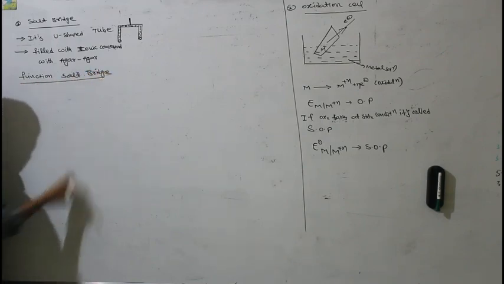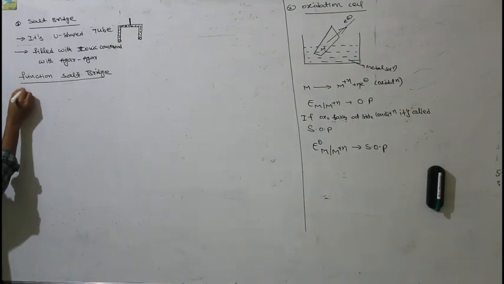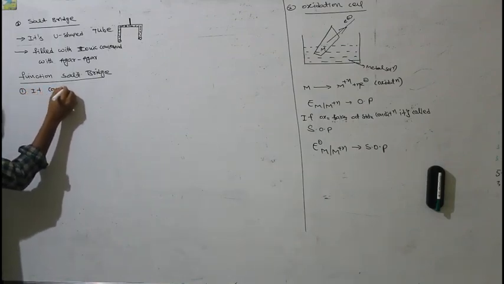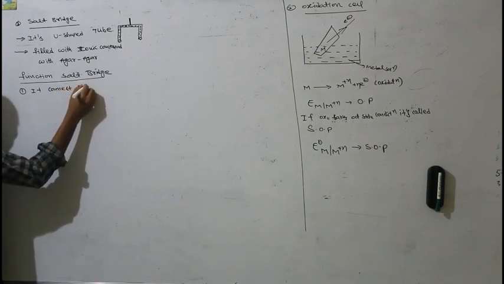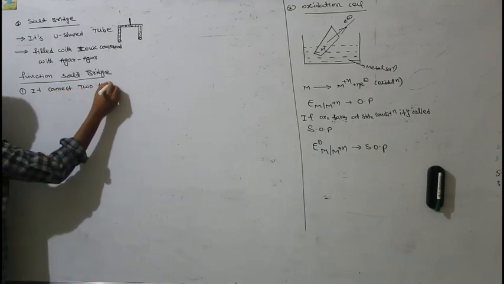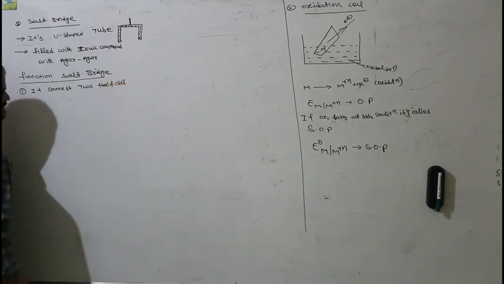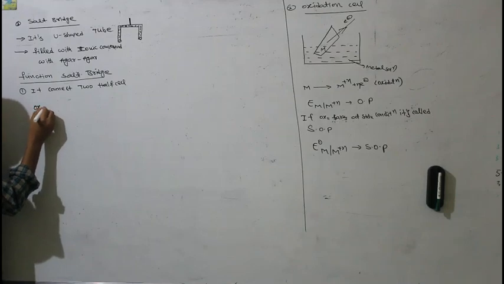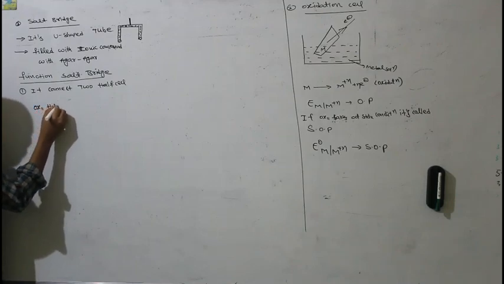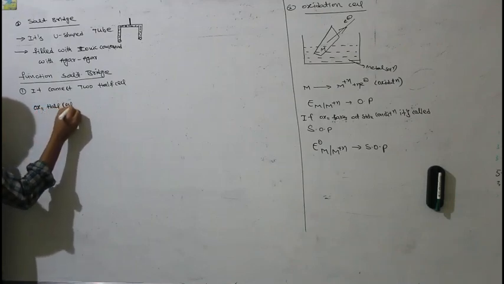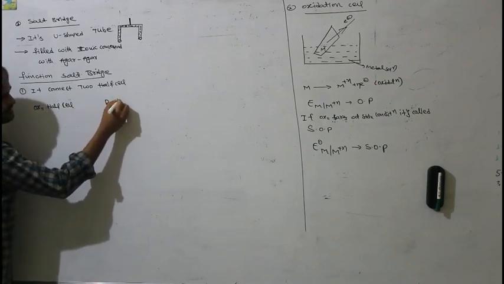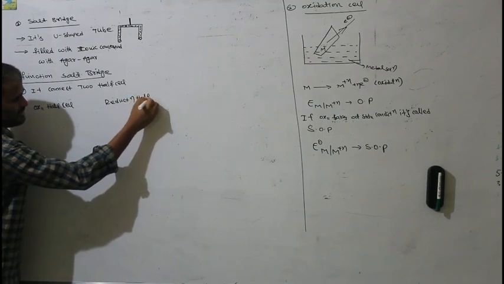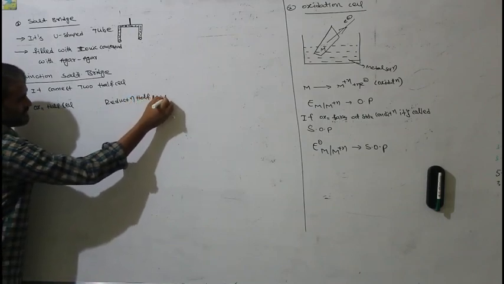Number one, it connects two half cells, that is, the oxidation half cell and the reduction half cell.